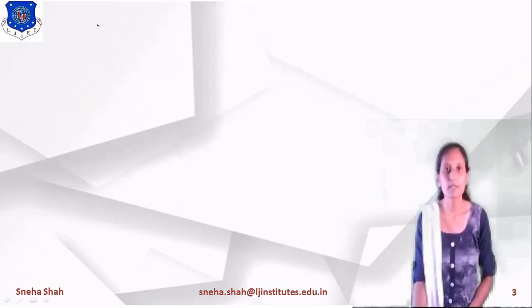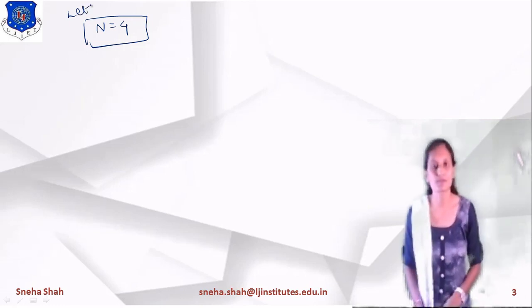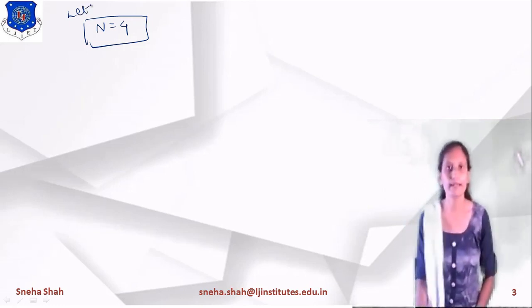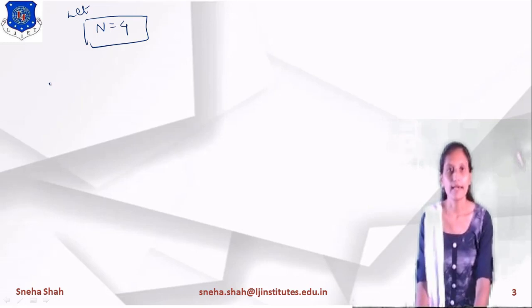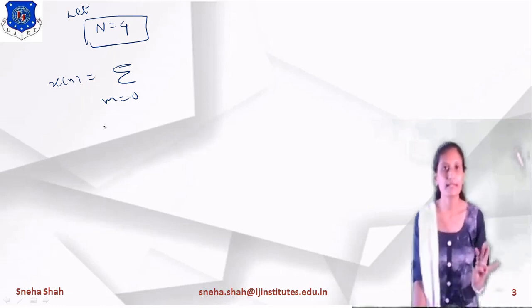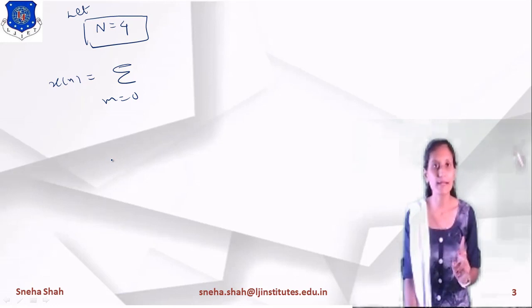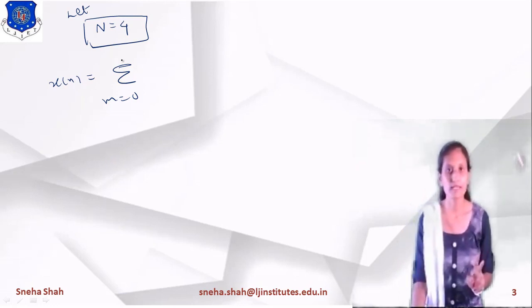So this term will be explained by solving one example. Suppose we take N equals 4, so for the 4-point case, what will be the value of N by 2 minus 1? 4 by 2 means 2, 2 minus 1 means 1.